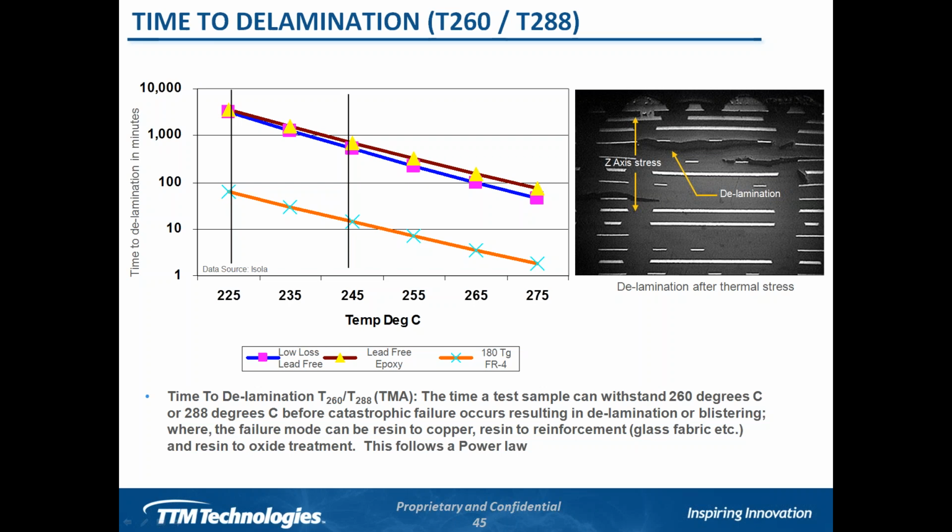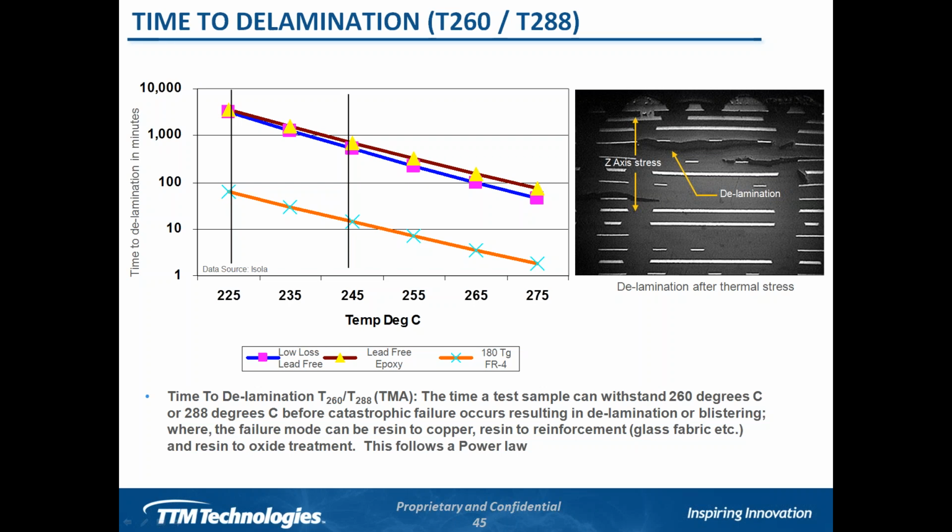And the whole point of the test is to get a failure that's below 60 minutes. So you can characterize material sets versus other materials. So if all materials have survived that 60-minute test, the test is of no use to us. So the T288 test is a valid test, but we're also seeing materials today that can now withstand that for an hour. So the test that we look at today is more like a T300 test. So now we have the hot plate at 300, and how long does it take your material to withstand that?